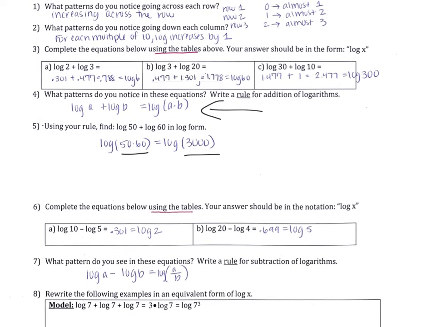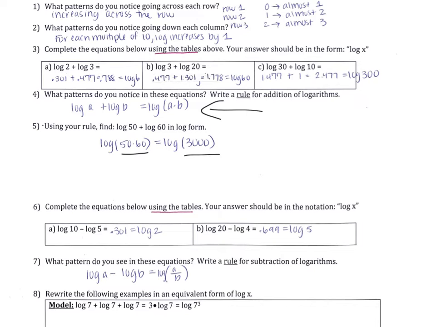Okay, so again, number 6, you're just copying the answers from the table, and then we're going to write a rule, again, based on the pattern that you saw. So now we're doing subtraction instead of addition, and the rule that we should come up with is when we're subtracting logs, it's the same as if you divide the A and B. So if you look at A from number 6, log 10 minus log 5, we got log 2.